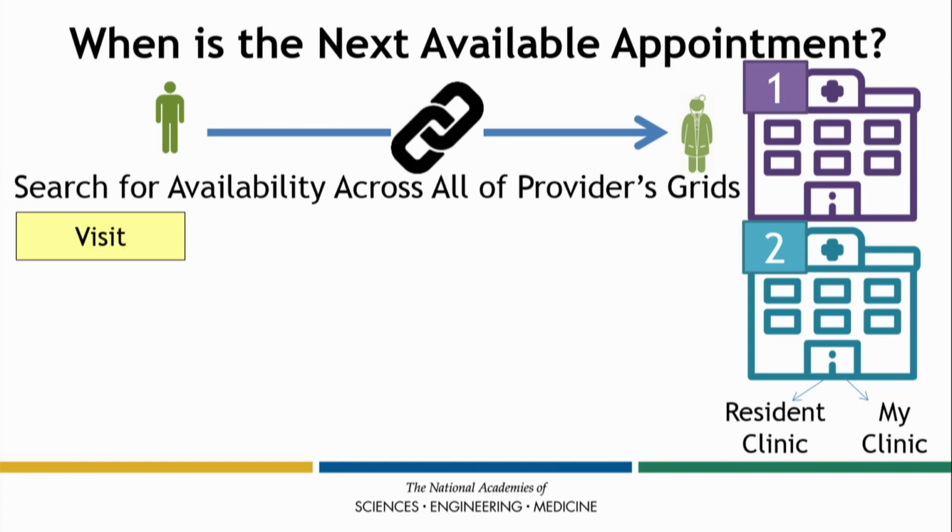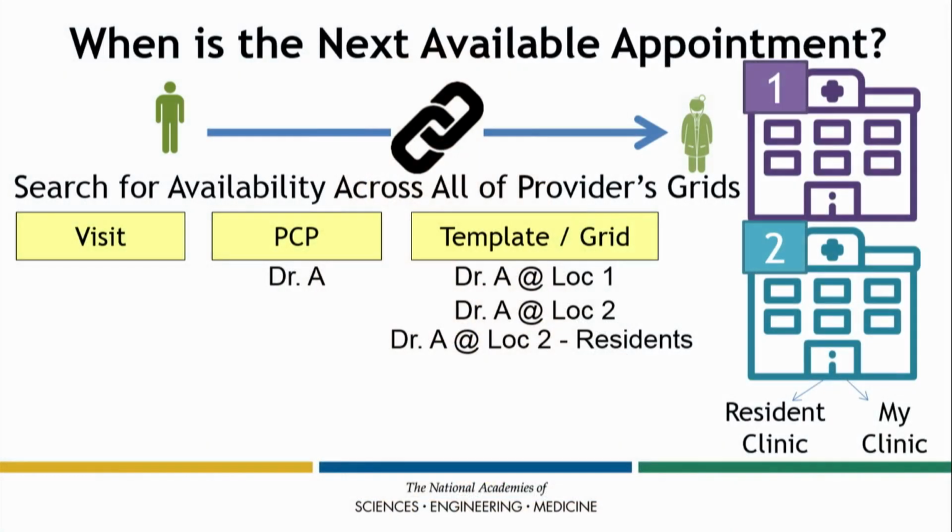So for example, the patient needs a visit and the EMR is telling us that their PCP is Dr. A. So we would want the scheduling system to know automatically, pull in Dr. A at location 1, Dr. A at location 2, and Dr. A supervising residents at location 2.